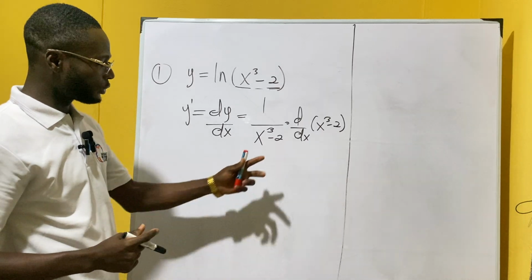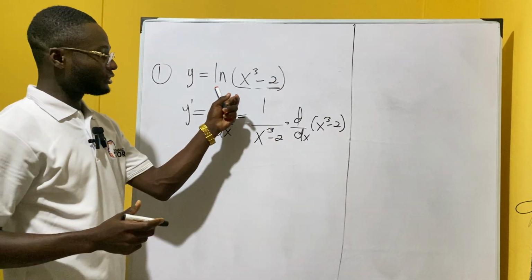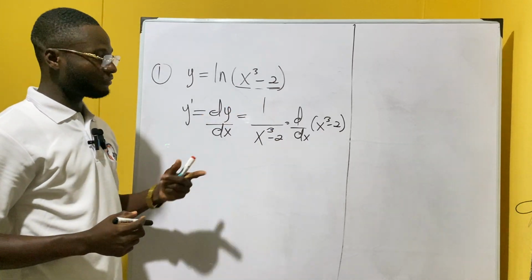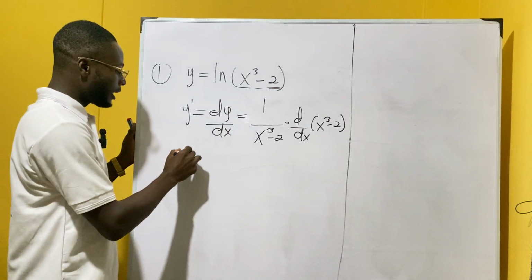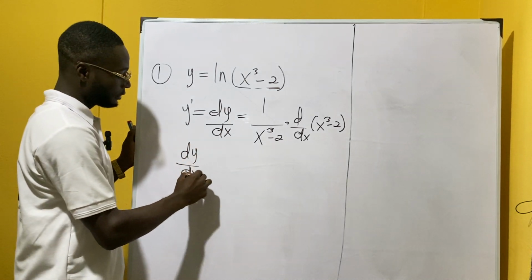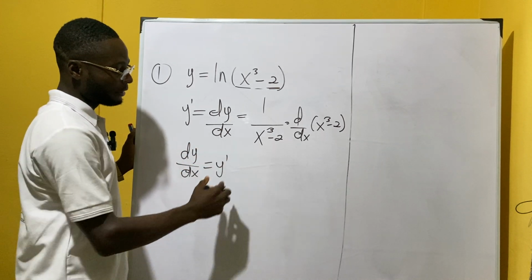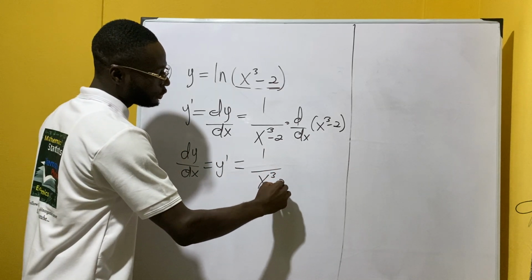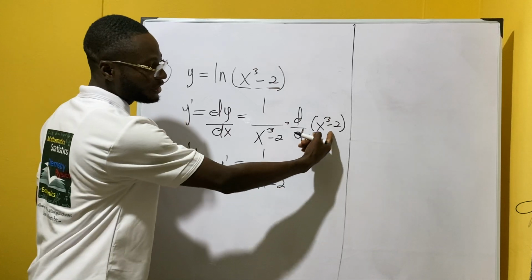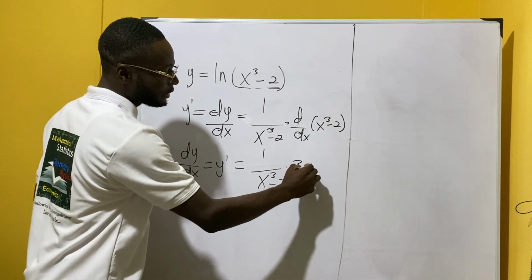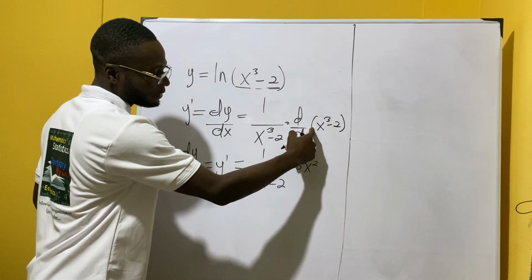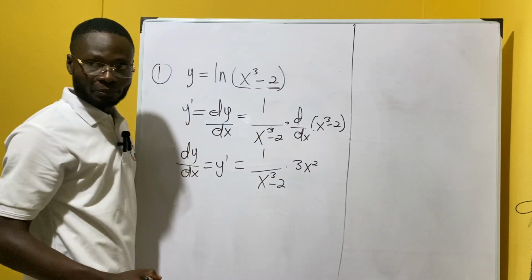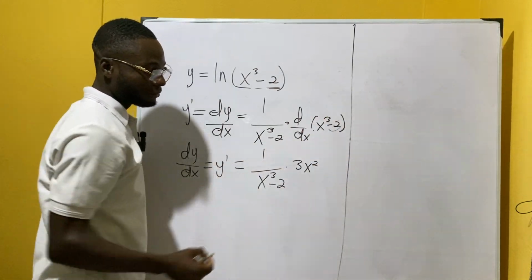Very, very simple. So this is how we go about it when you have a function like this and you have to find the derivative. So dy dx, which is the same as y prime, will be equal to 1 over s cubed minus 2. Then the differential of this becomes 3s squared. This comes down and we take 1 from the exponent, and this of course becomes 0 here.